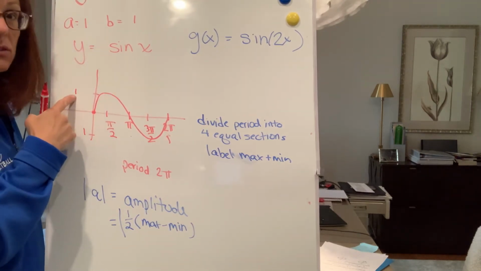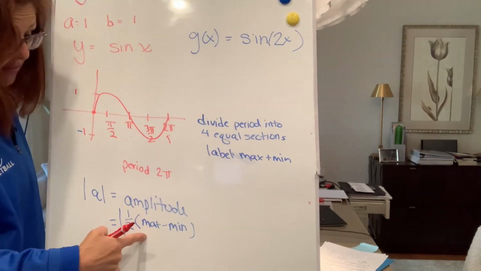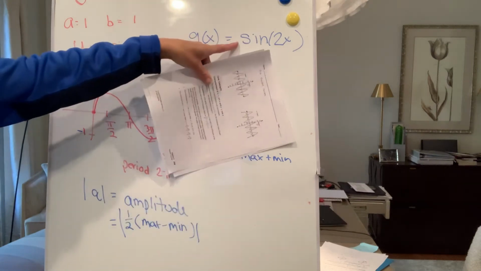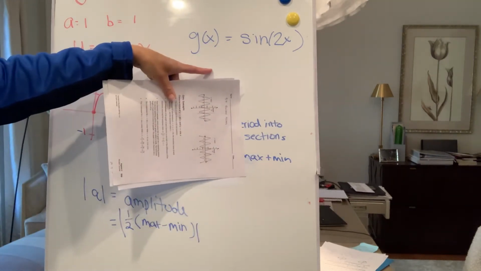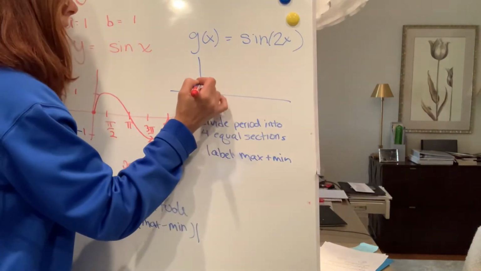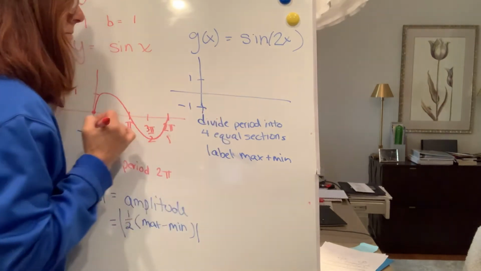It tells me how high I am going. So in this case, 1 minus -1 is 2, half of 2 is 1. Because my a is 1, my amplitude is still 1. So for this graph here, we're still going to be oscillating between 1 and -1.